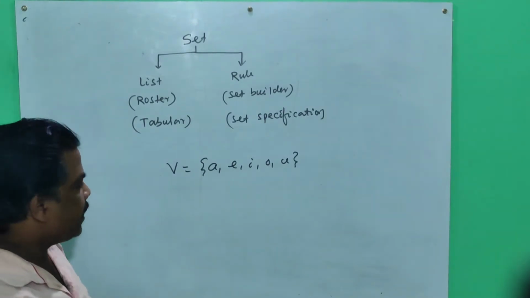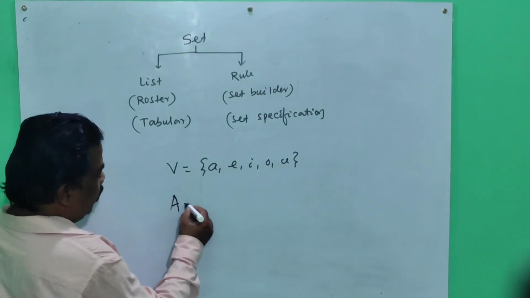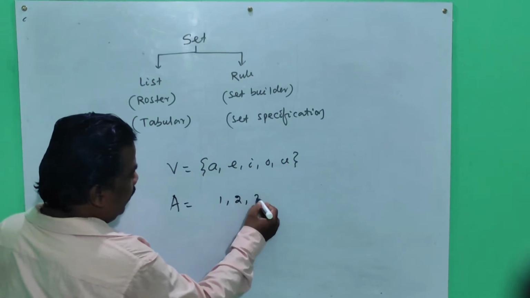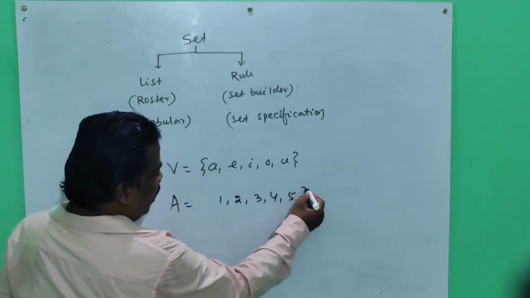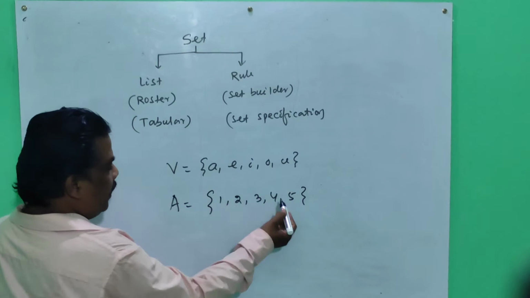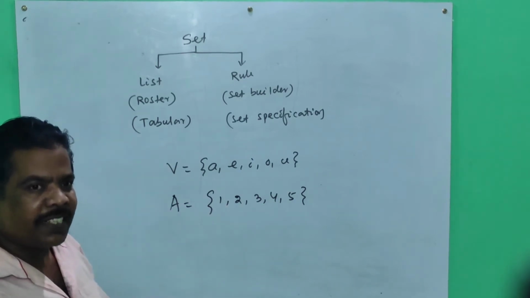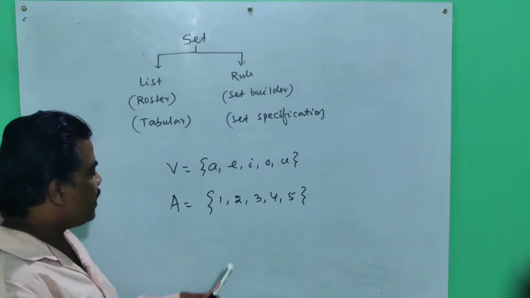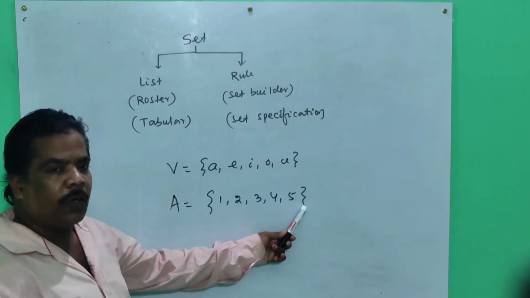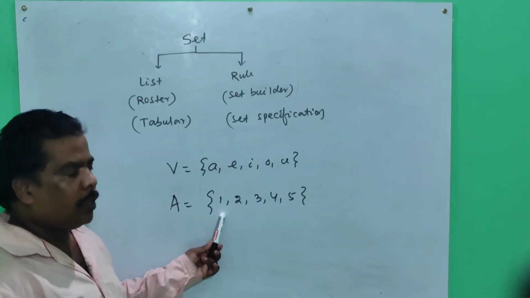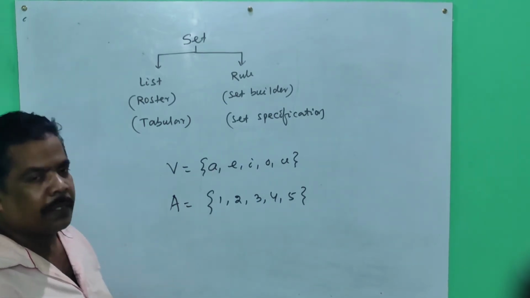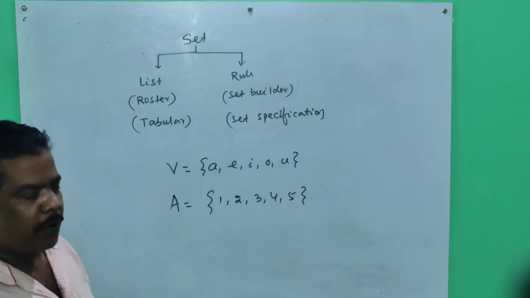We take another example, A is equal to {1, 2, 3, 4, 5}. Here we take the elements in the form of a list, all elements separated by commas and enclosed by curly brackets. So these are examples of a set in list form or tabular form.